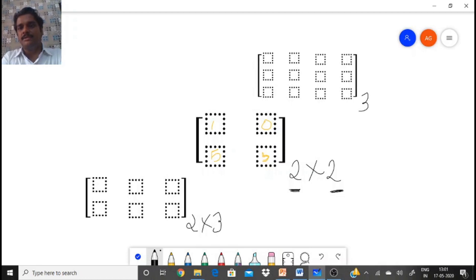So order becomes 3 by 4. Okay, I hope you are clear with what the rows are, what the columns are, what the order of the matrix is. So let's proceed with the next.